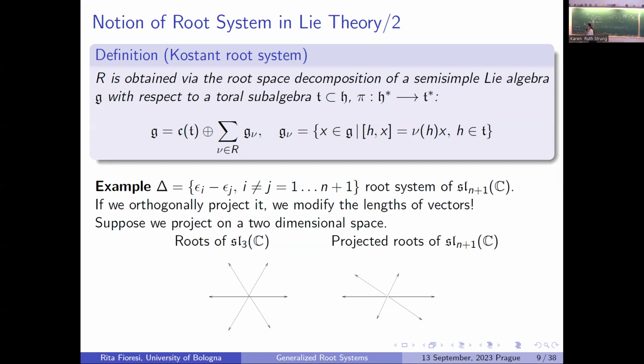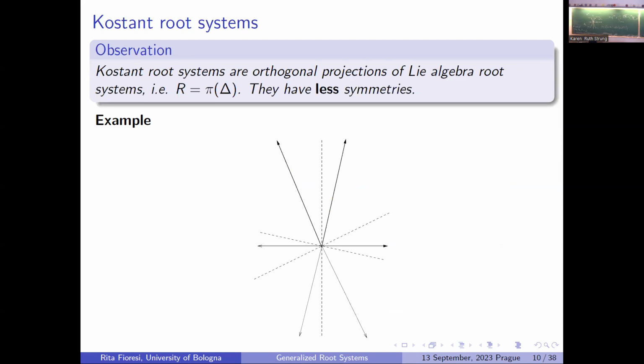Constant gives this definition. So it is important to realize that the constant root systems have less symmetries. So I draw this picture to show to you it is a very different picture from this one, because in this picture, you see you are reflecting the root system and the root system continues to remain invariant.